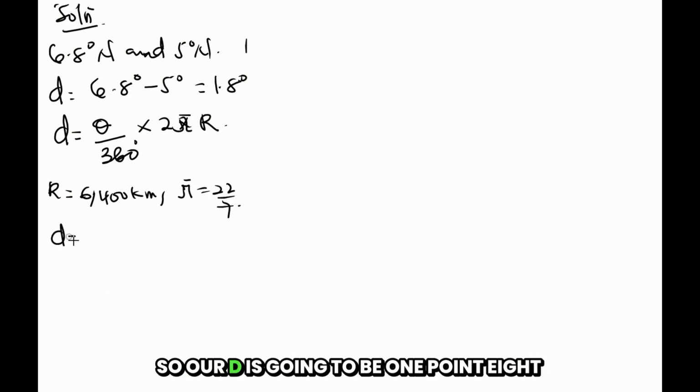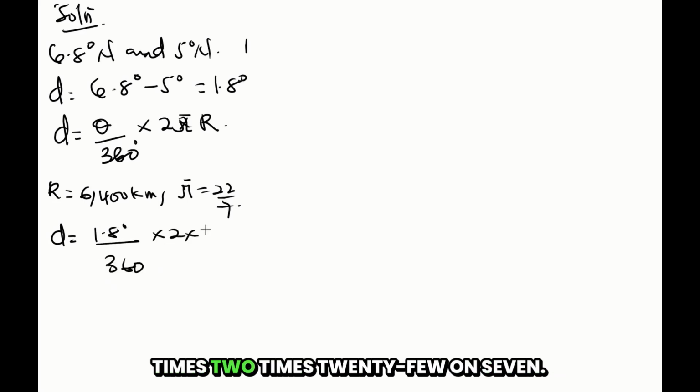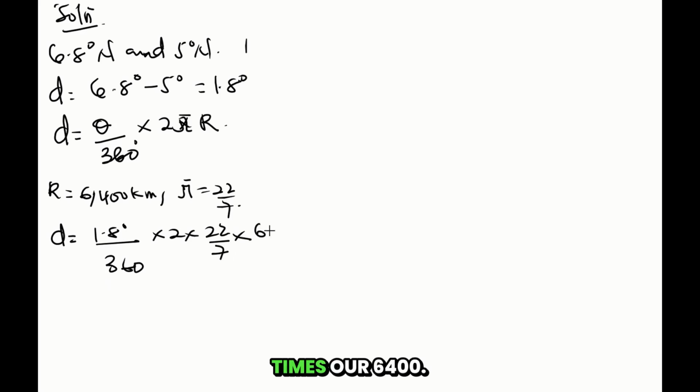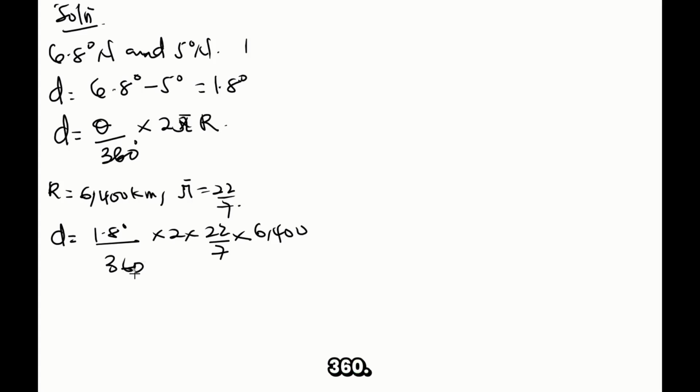So our d is going to be 1.8 degrees all over 360 times 2 times 22 on 7 times 6,400.